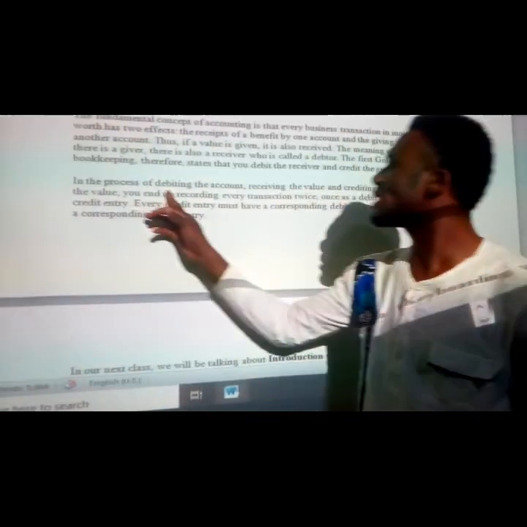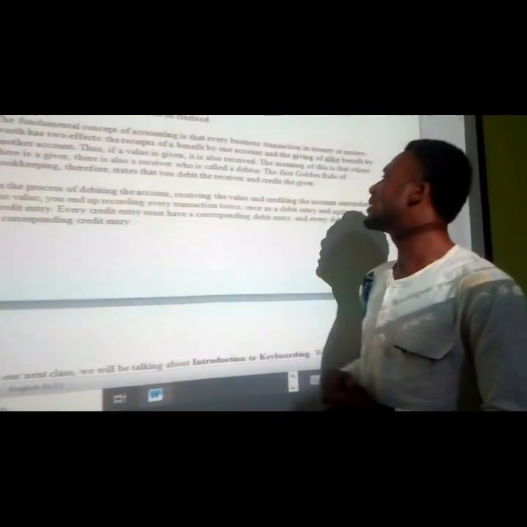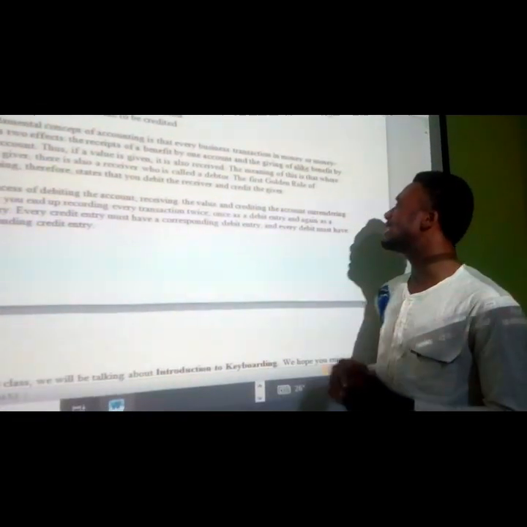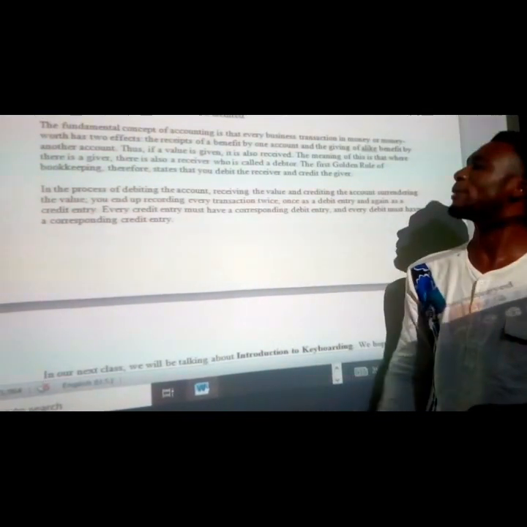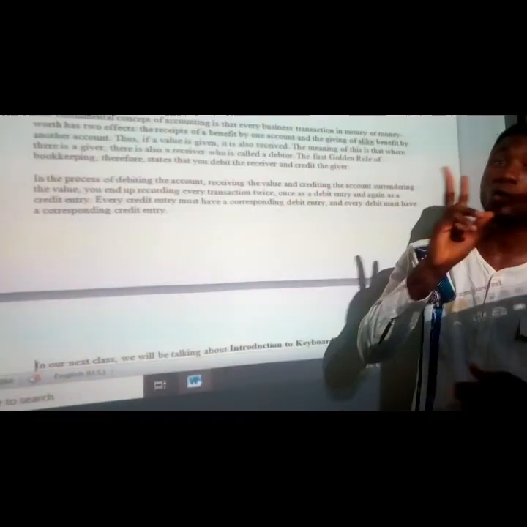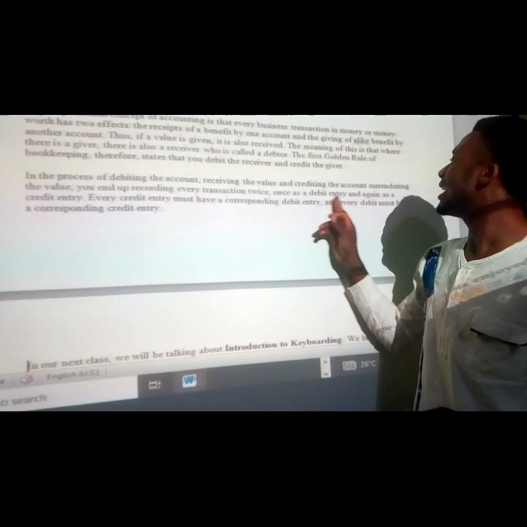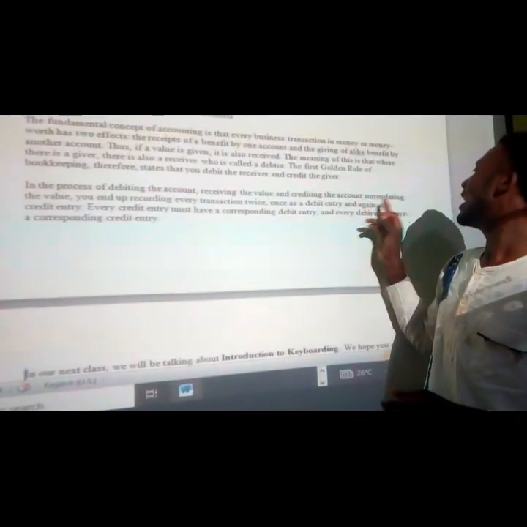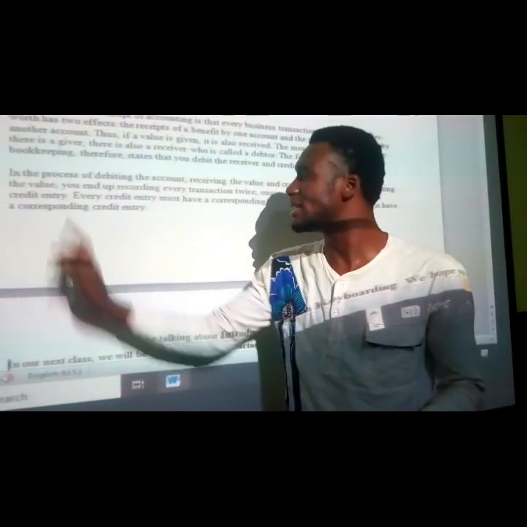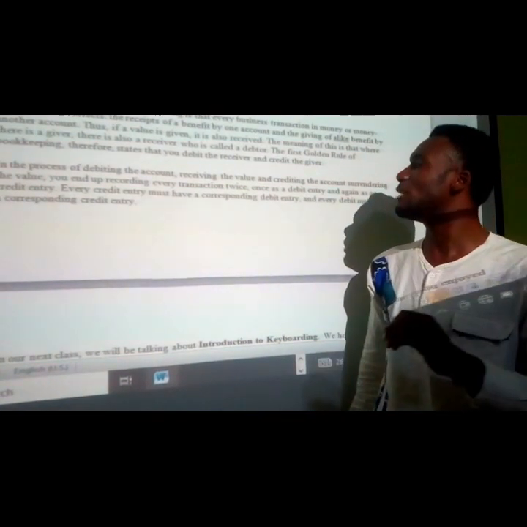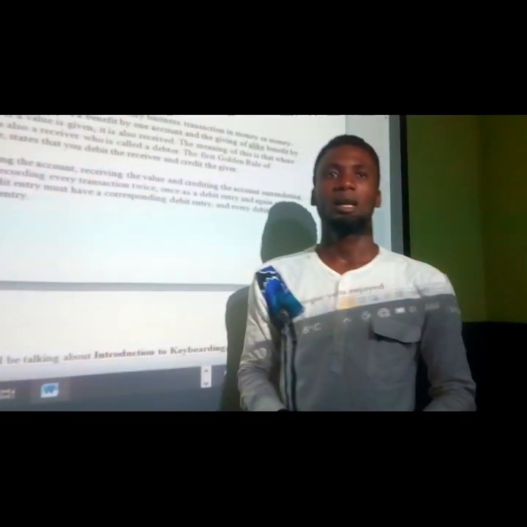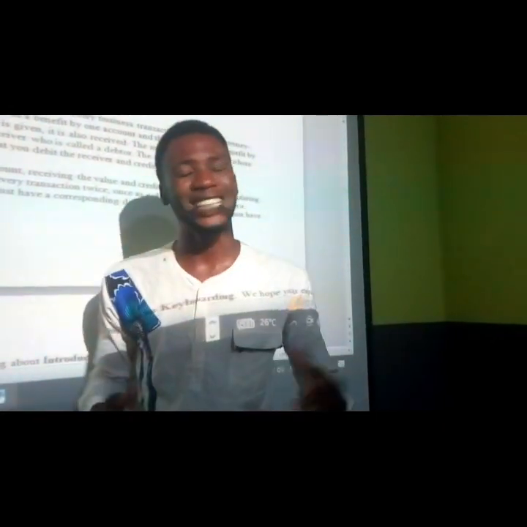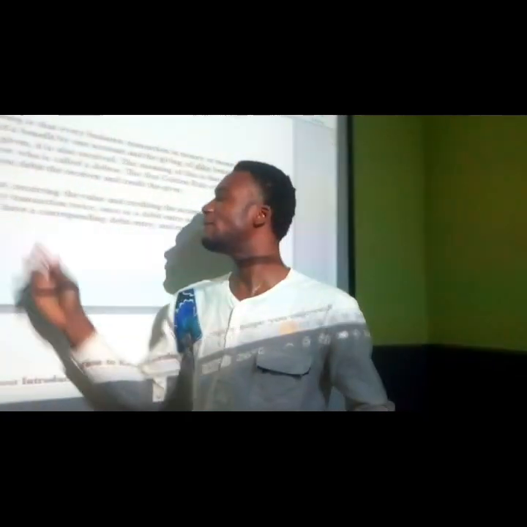In the process of debiting the account receiving the value and crediting the account surrendering the value, you end up recording every transaction twice. Once as a debit entry and again as a credit entry. Every credit entry must have a corresponding debit entry. I forward my explanation that every credit must have a what?